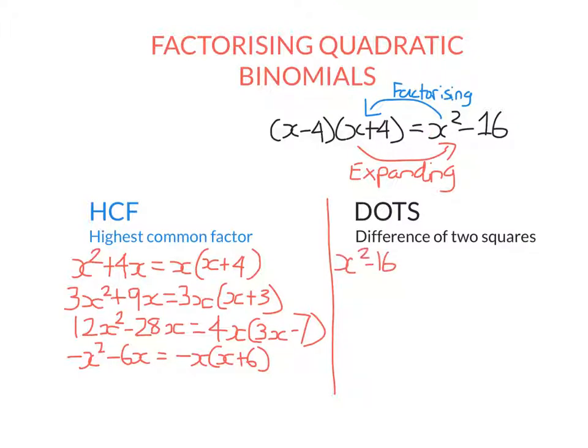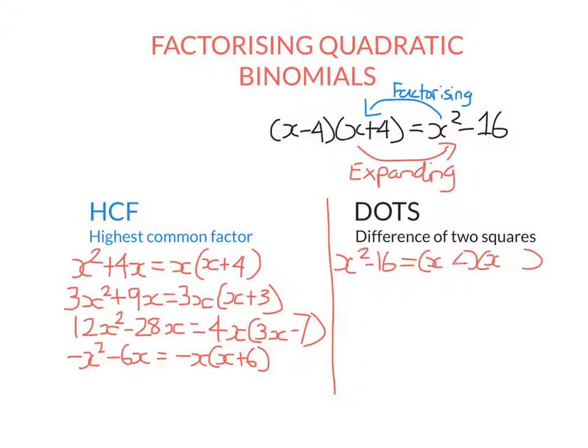If I want to factorize x squared minus 16, I know what the answer will be, but I'm essentially just reversing the process of FOIL. So this is difference of two squares because it's a perfect square minus a perfect square. That's what it means by difference of two squares. So what I do is I set up two brackets, I square root the first and put it in both brackets.